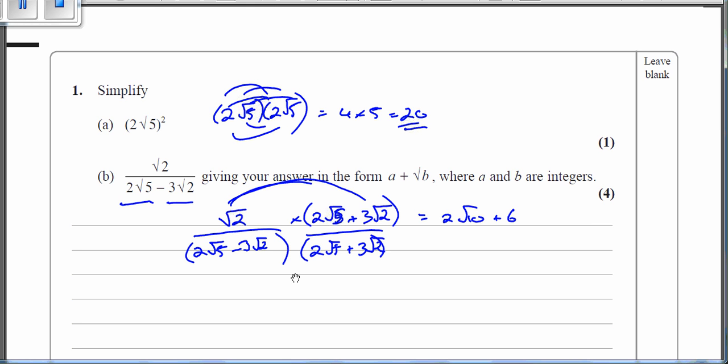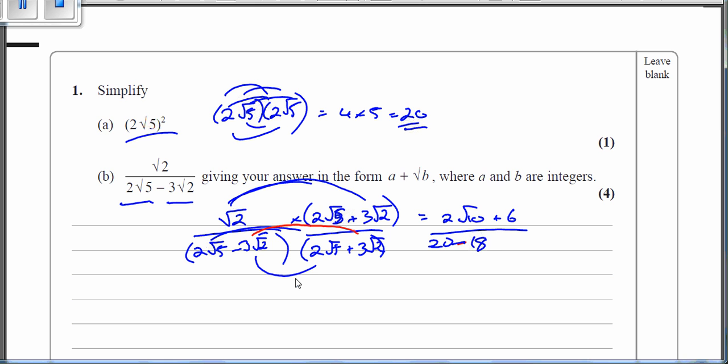So that's going to be plus 6. On the bottom, 2 root 5 times 2 root 5, we already know that 2 root 5 squared is 20, so that's going to be 20. And then we've got 3 root 2 times minus 3 root 2, that's going to be a minus. 3 times 3 is 9, root 2 times root 2 is 2, so that's 9 times 2, so that's going to be take away 18.